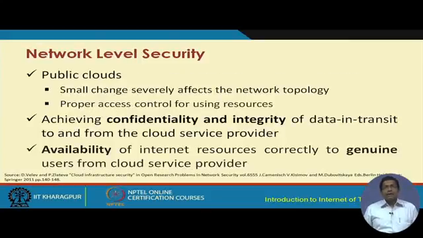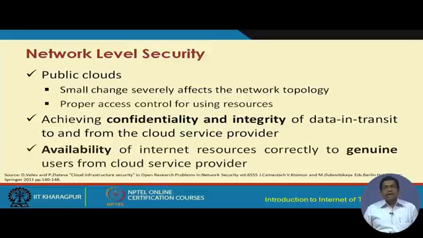In the case of public cloud, we have to ensure that a small change does not severely affect the network topology, and there has to be proper access control for using resources. So, this is a network level issue and that has to be ensured.